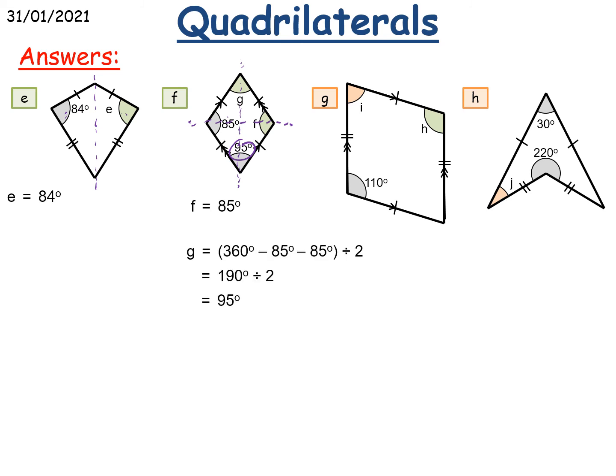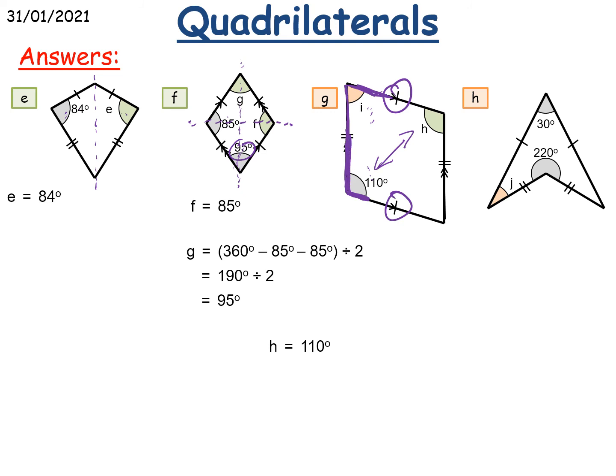So remember that opposite angles on a rhombus are equal to each other, same as a parallelogram. So those two angles are equal to each other, 110 degrees. And then what about I? Well, adjacent angles add up to 180 degrees on a parallelogram, because those are co-interior angles, because this side here is parallel to this side.